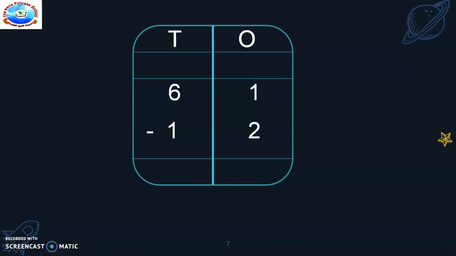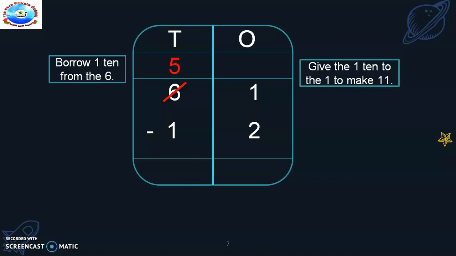Borrow 1 ten from 6 and it becomes 5. Write it in the tens column. Next, give the 10 to the number 1 to make it 10 plus 1, that is 11. Write it in the ones column.